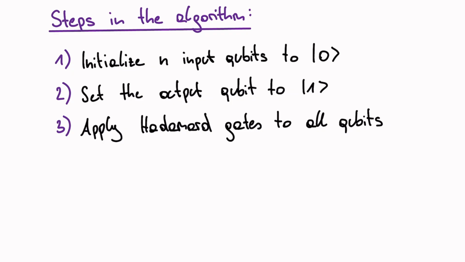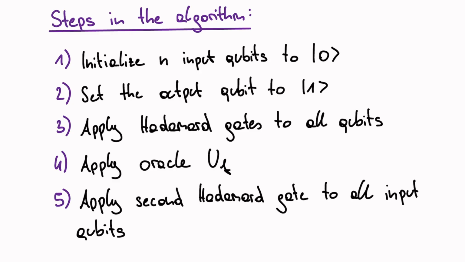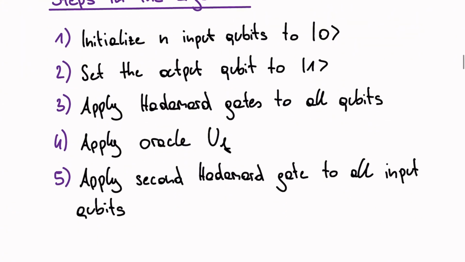Step 3, we apply Hadamard gates to all qubits, both input and output. This puts every qubit into a superposition. Step 4, we apply the oracle, which encodes the function f of x into the quantum circuit. Step 5, we apply another round of Hadamard gates, but this time only to the input qubits, not to the output qubit.